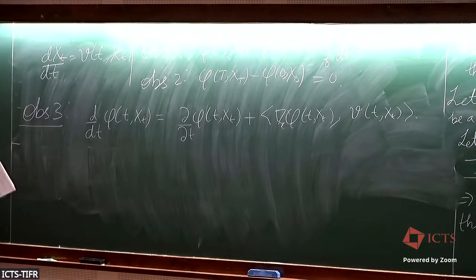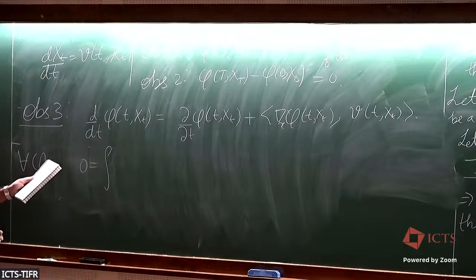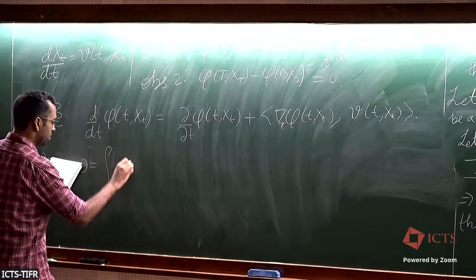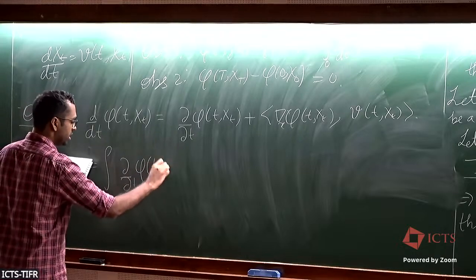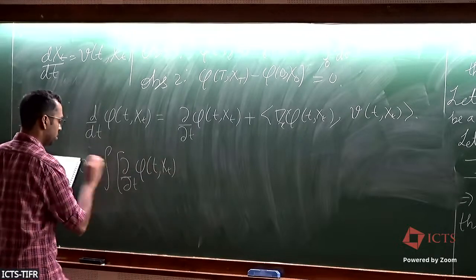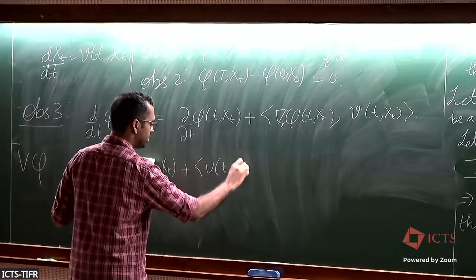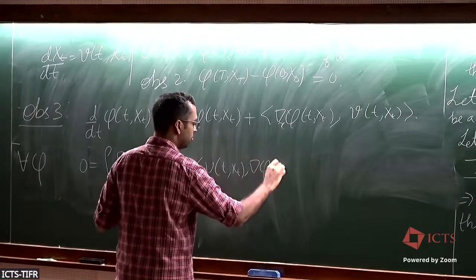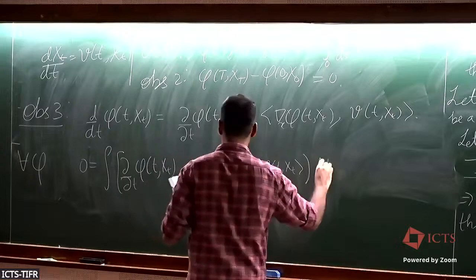So now we'll take observations 1, 2, 3 and combine them together. What does it show? It shows that for all phi in the function class I told you about, 0 must be equal to the integral of the partial derivative in t of phi(t, x_t) plus the inner product of b(t, x_t) and grad phi(t, x_t) dt.